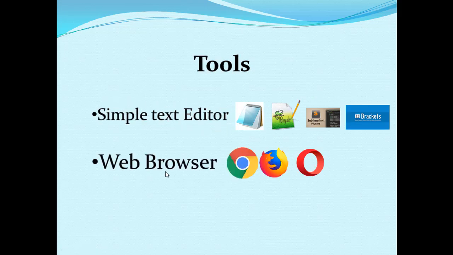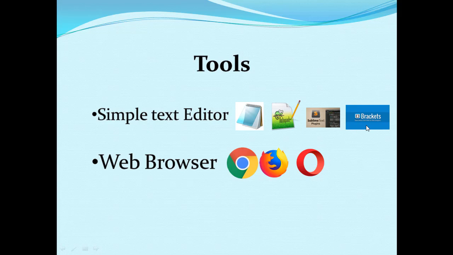Now move to the tools. What are the tools we use for the coding of HTML? You can see the first one is the simple Notepad, and Notepad++, Sublime, Brackets.